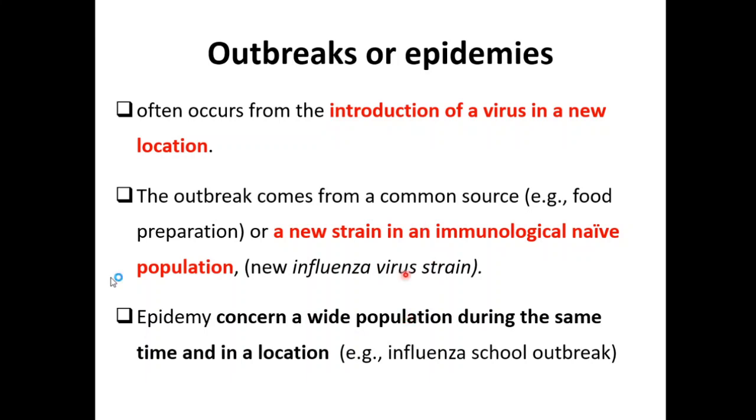With a new strain, the virus can really harm the population. Epidemic concerns a wide population during the same time and in a location, so it has to be limited in area. Like an influenza school outbreak, it can be in a localized area but affect a wide population at the same time.